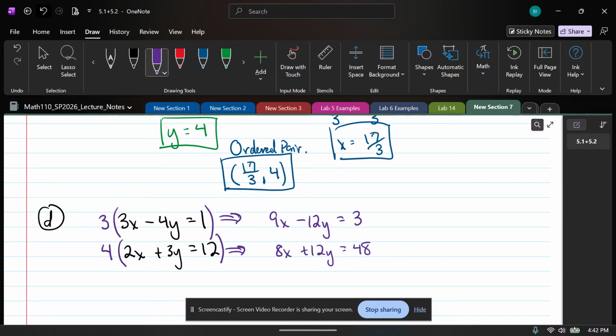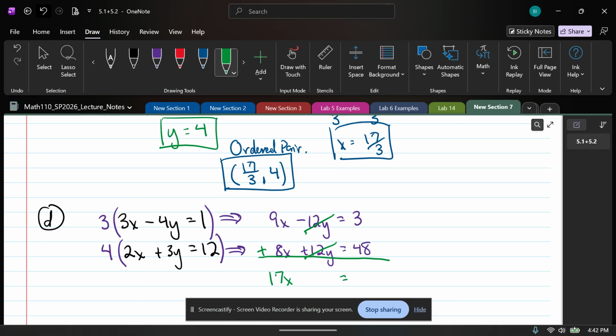Now, I now have opposites on my y's. So I can add these two equations together. What happens to the y's? They're eliminated. What is 9x plus 8x? 17x. Positive 9 and positive 8 would be 17x.